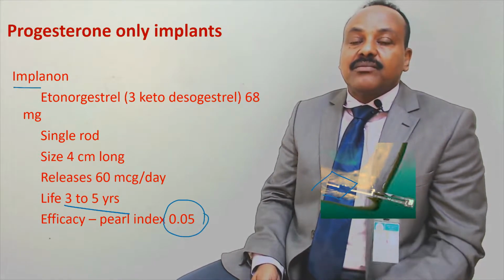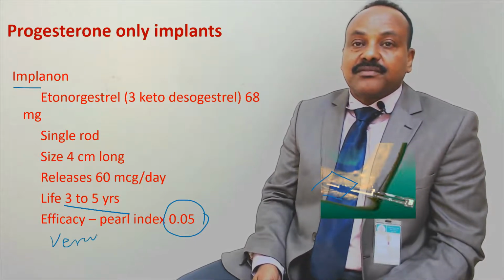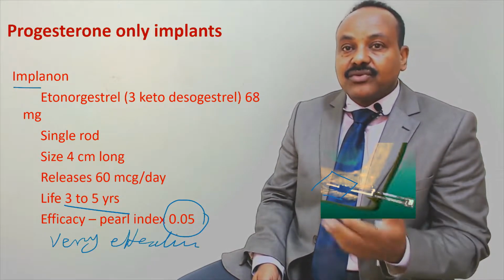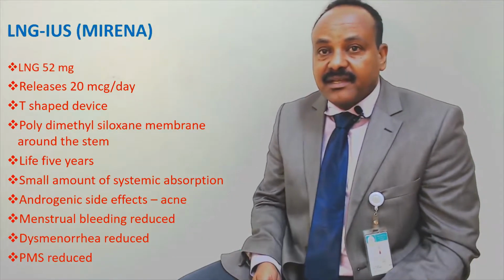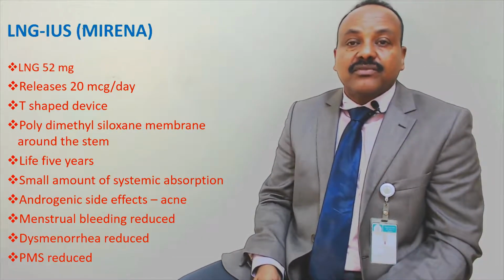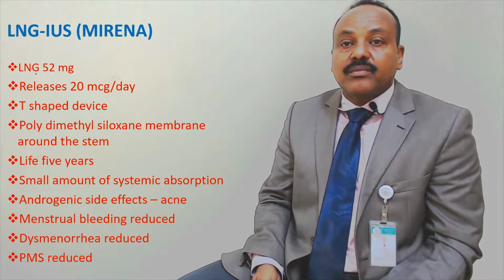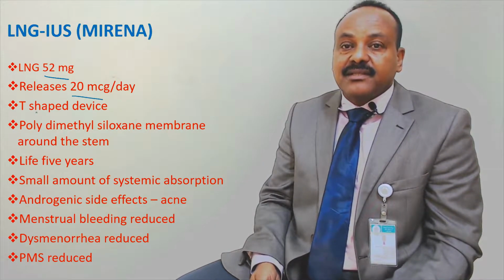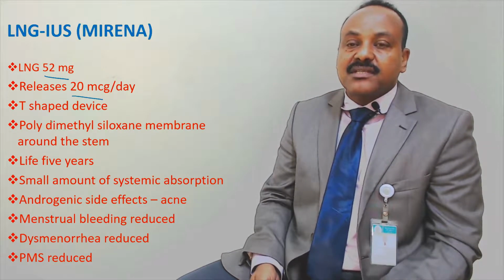Another important type of contraceptive method is the levonorgestrel intrauterine system, Mirena. I talked about this in the previous lecture. It is composed of levonorgestrel 52 milligrams. It releases this daily, constantly, and I explained all this in the previous lecture.